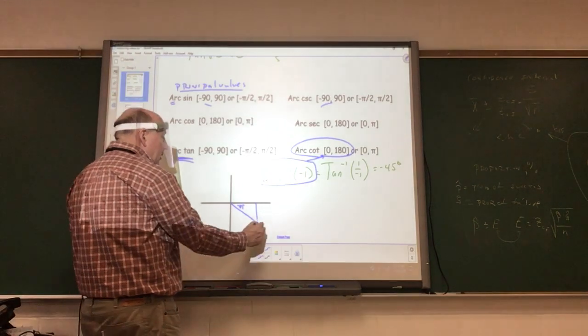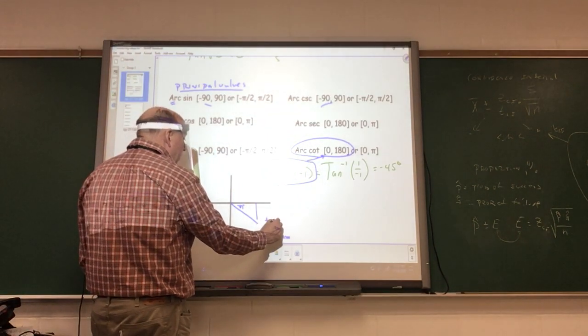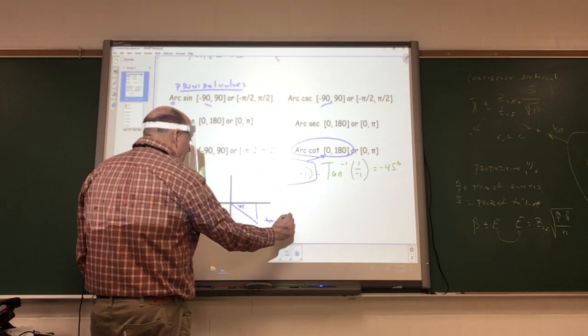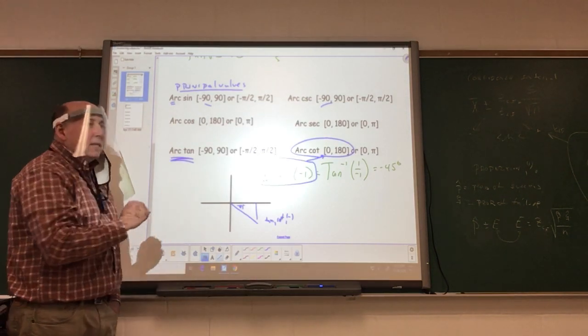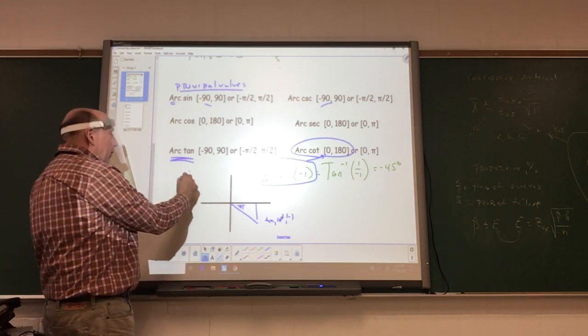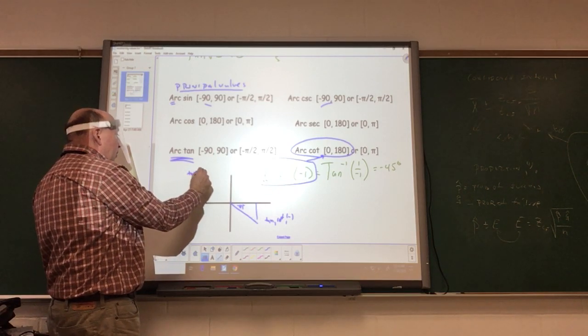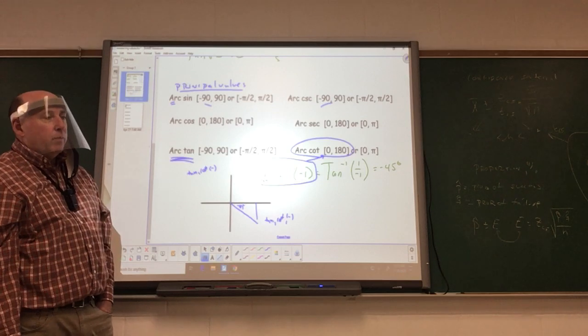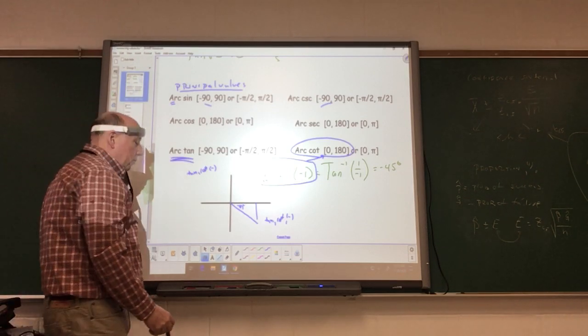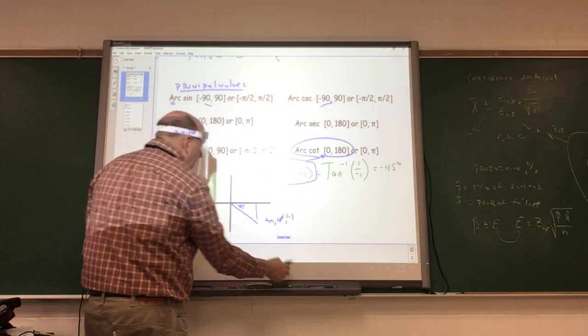This is where your tangent and cotangent is negative. But where else that is negative is up here in quadrant number 2.